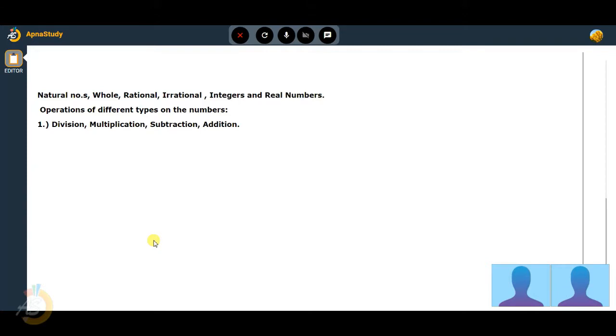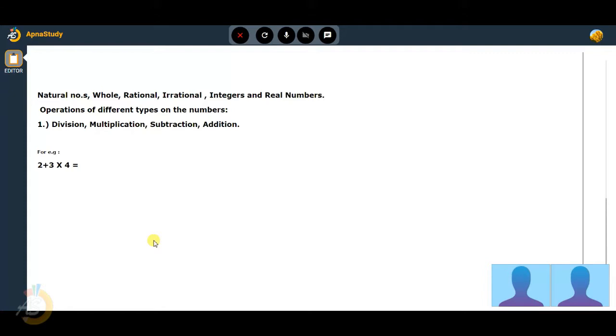For example, if we have this statement, is the text visible? Yeah, visible. You must have seen these questions in your school textbooks or in competitive exams.